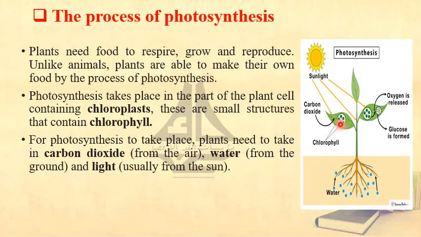The first role is that it provides the green plant with its green color, as well as allowing the green plant to absorb the energy of the sunlight. So, as a conclusion, for photosynthesis to take place, the green plants need water, carbon dioxide, and light.